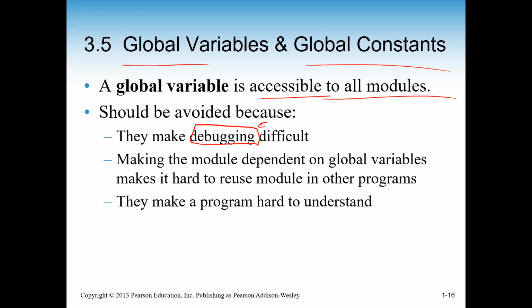You weren't aware that it modified it, and now your module does not work. So it does create a bit of a problem. In general, they should be avoided. But in the beginning, the programs we're doing in this class are so simple that you can use them, sure.